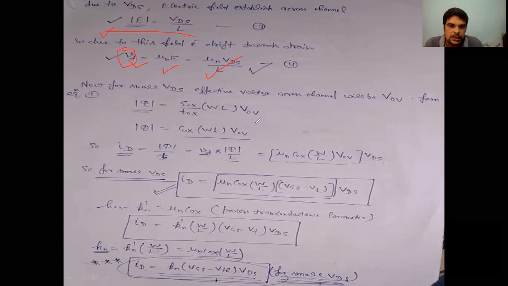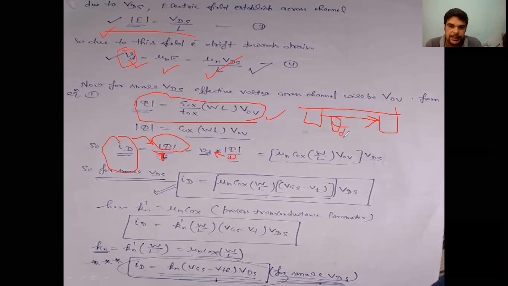And now, what is the charge of the channel? That is this. We have already derived this. Now, what is the drain current? Drain current is nothing but charge Q upon T. What is T? T is the time. T is equal to L upon V, distance upon speed, because the speed by which an electron travels from source to drain is the drift velocity.